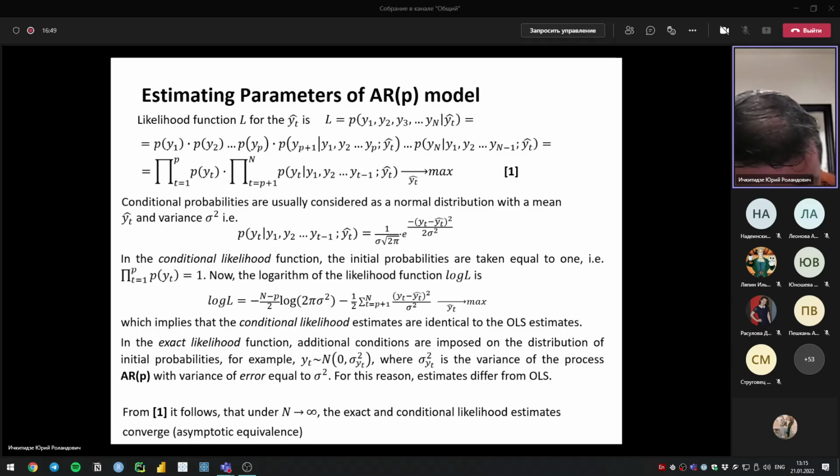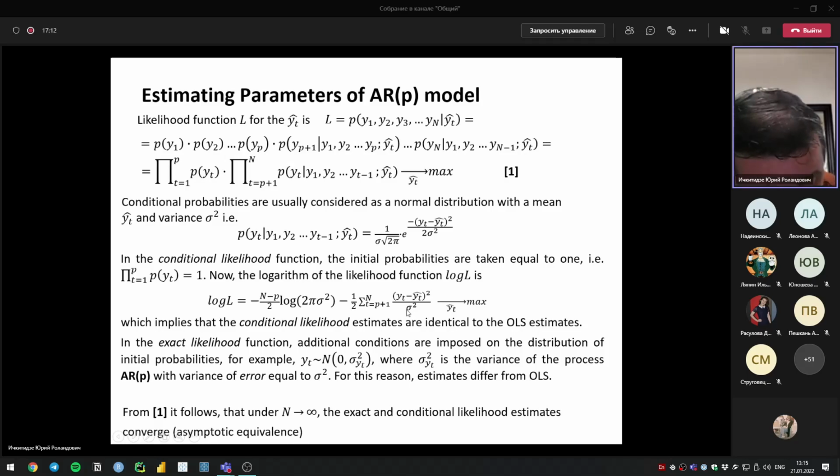The first factor here turns into the first term, but the second factor, the exponent in power, after taking the logarithm turns into the second term.